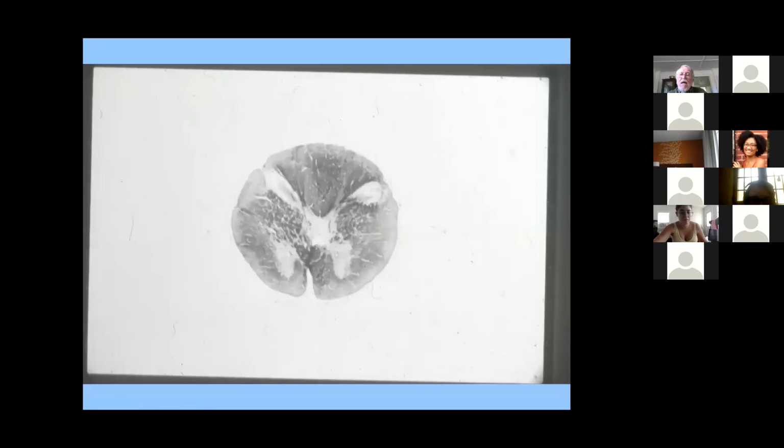If we look at this, what type of stain are we looking at? We are looking at a Weil-Weigert stain. A Weil-Weigert stain, if you remember, is a fiber stain that stains the myelin. So what you're seeing that's very dark is going to be white matter.